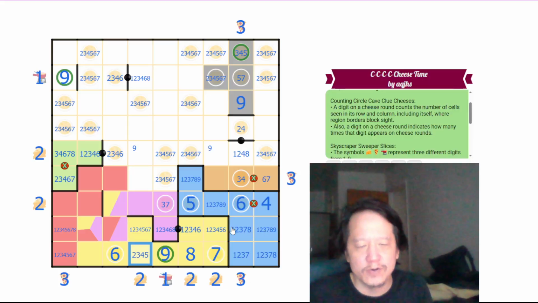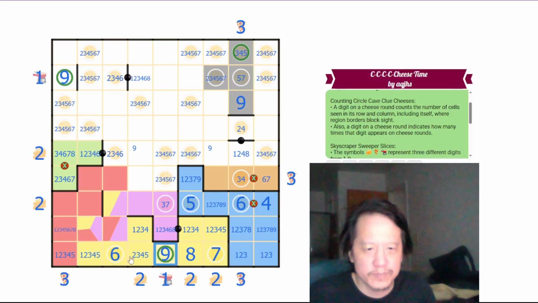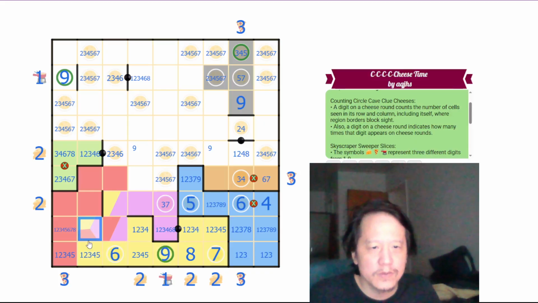No 6, 7, or 8 there. No 6 in the yellow region. This has to be less than that. 8 eliminates 8 there. No 7 or 8. No 6, 7. We have 1 through 5 here. So no more yellows here.